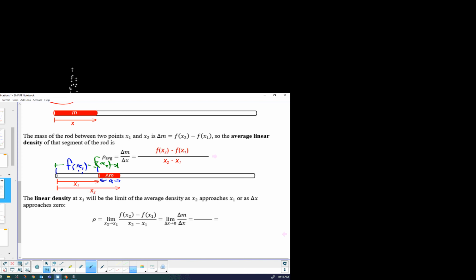That's my delta x, which is in the denominator. Because I'm interested in density, not just what the mass is. My numerator is mass, but if I do mass per length, then I'm getting a linear density.